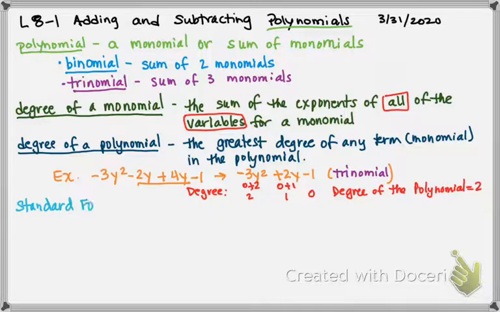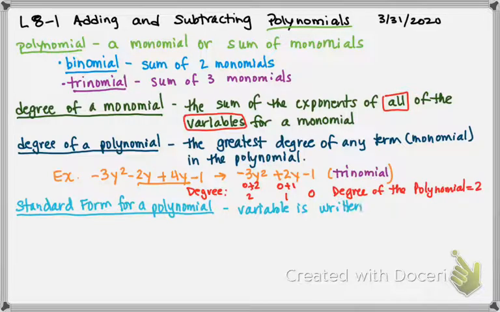So standard form for a polynomial says a variable is written in decreasing, or descending, that's the word that's more commonly used, degree order.